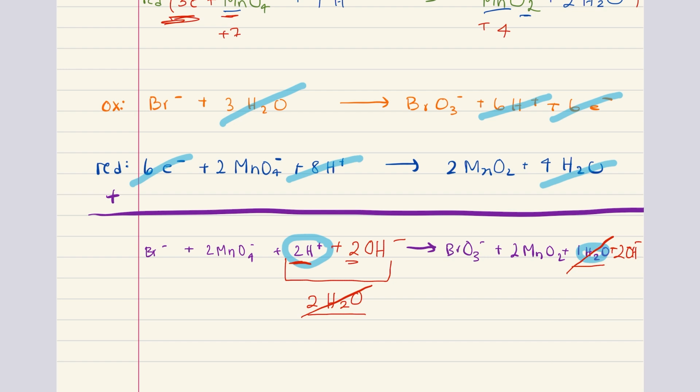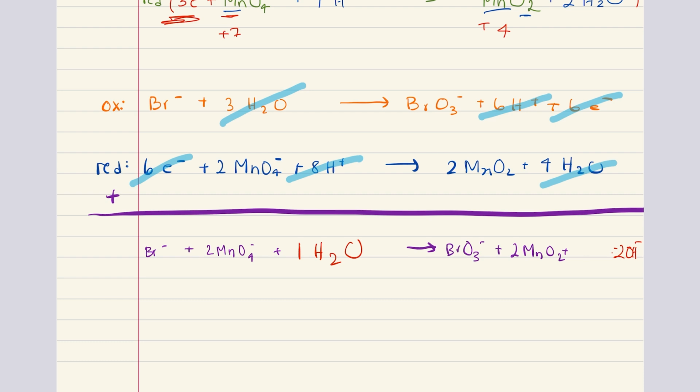And what we're left with now is just 1 water molecule on the reactant side. Don't forget, we still have our 2 hydroxide ions on the product side. So what you see here is the balanced equation.